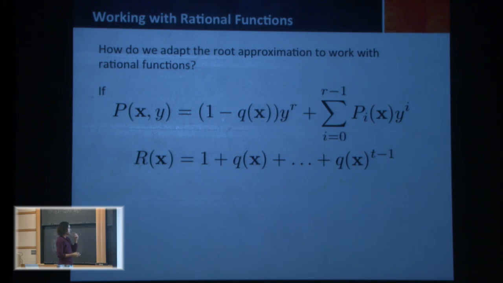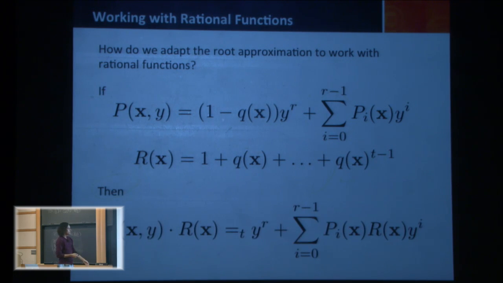So here we notice that if p of xy is of the following form, one is a polynomial 1 minus qx, where q does not have any constant terms, plus the other polynomials, and if I look at this polynomial r of x that does not depend on y, then, well, up to degree t, I can transform this polynomial, p times r, into a monic polynomial.